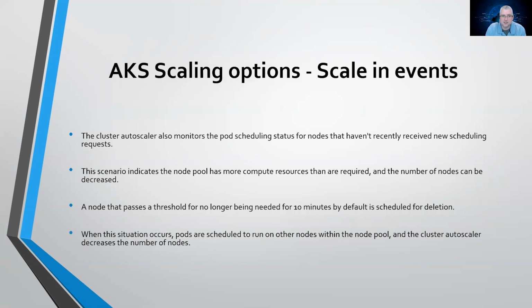The scale in events basically work the opposite. There'll be a threshold. If it determines a node is no longer needed for more than 10 minutes, it's going to start collapsing. So as your application needs more, it'll scale out. That'll make your prices go up because you've got more virtual machine instances out there.